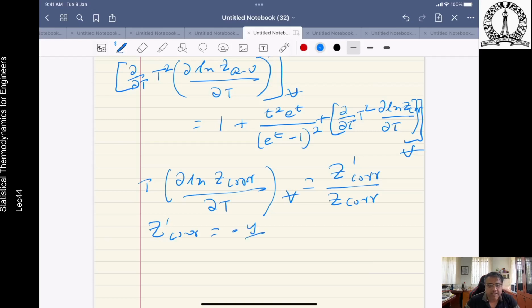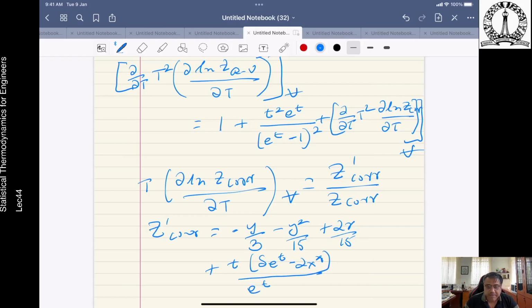It's y by 3 minus y squared by 15 plus gamma by 15 plus T delta e to the T minus 2x star divided by e to the T minus 1 squared plus 4x star e squared e to the T divided by e to the T minus 1 cubed.